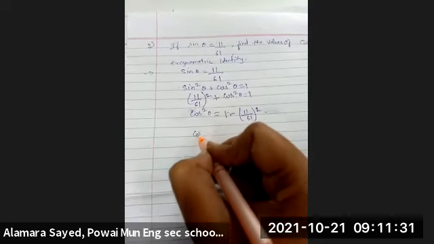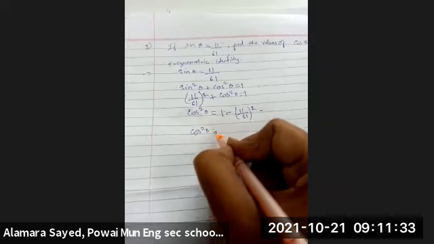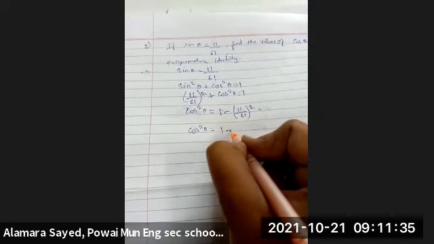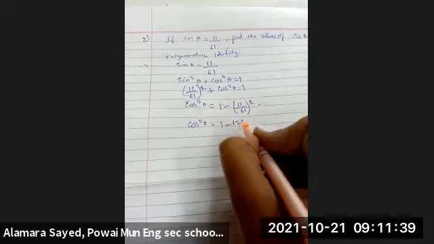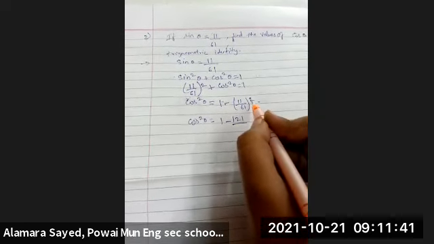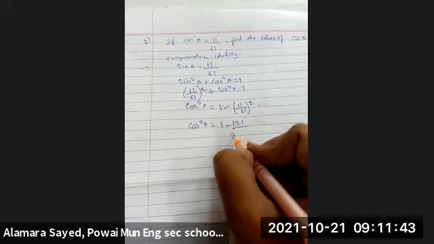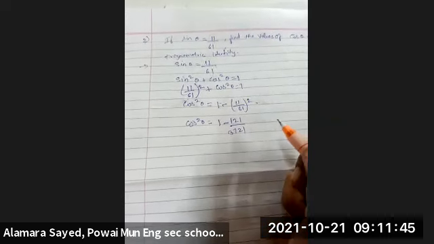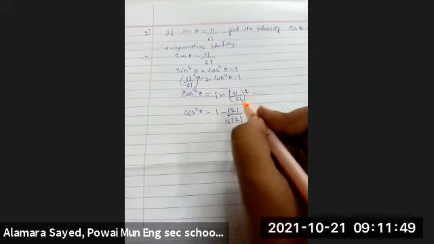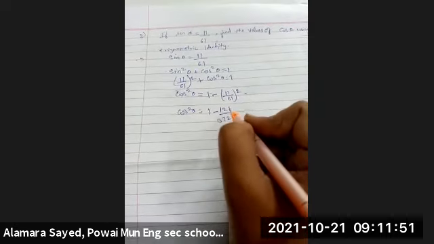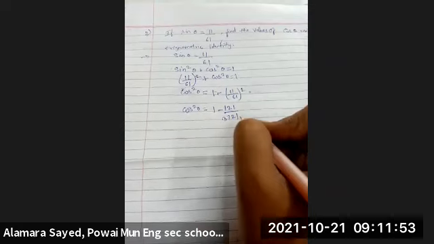So cos square theta is equal to 1 minus, 11 square and 61 square, we will be getting 121 upon 3721.